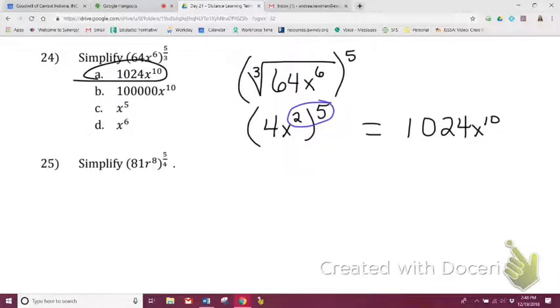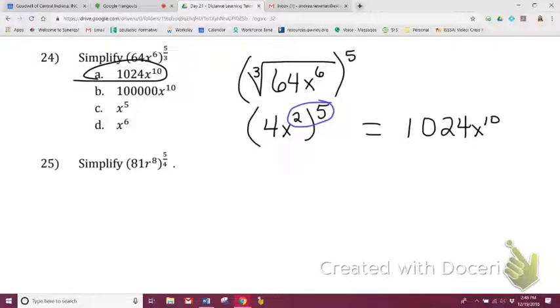What did you get, the 1,000? So 4 to the 5th power. What did you take to get 64? The cube root of it. How do you do that on the calculator?